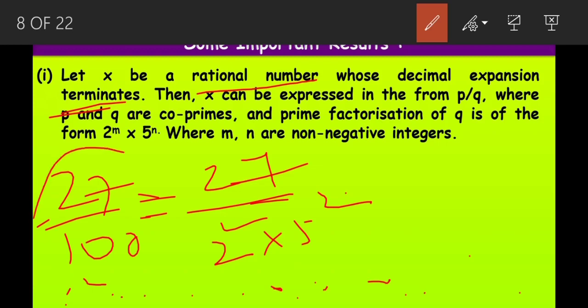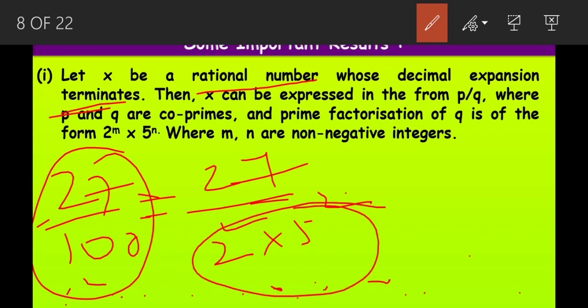So here 27 and 100 are co-primes, and q can be written in the form of 2 power m into 5 power n. This theorem is also derived as an extension of the fundamental theorem of arithmetic.